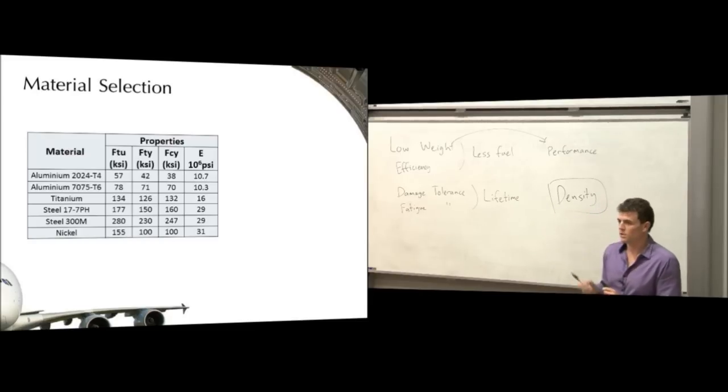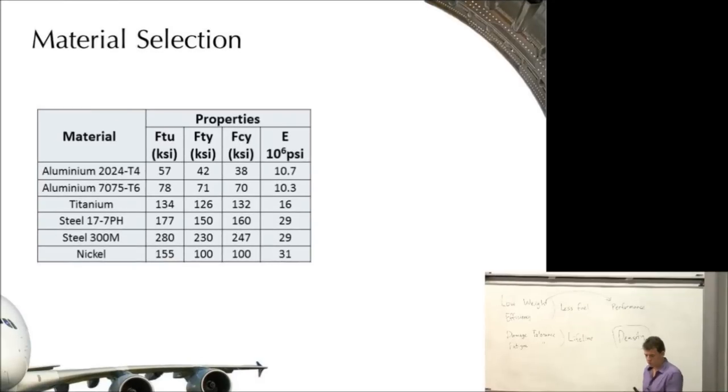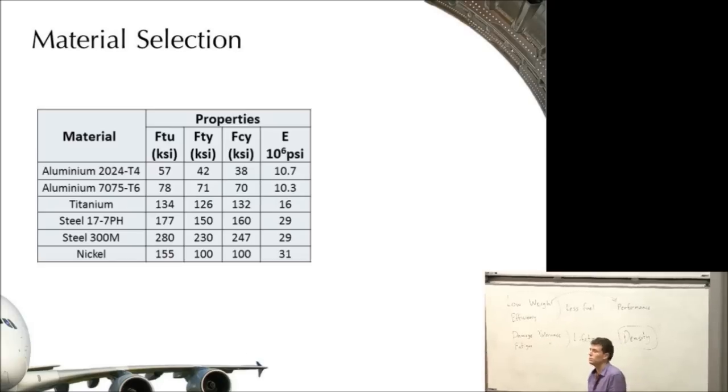This is in Imperial units, which I will use a bit in the tutorials for this lecture because Imperial units are kind of important for a lot of aerospace engineering. Now, FTU stands for the tensile ultimate stress, so maximum tensile stress. FTY is the yield stress in tension, and CY is the yield stress in compression. And E is stiffness as usual.